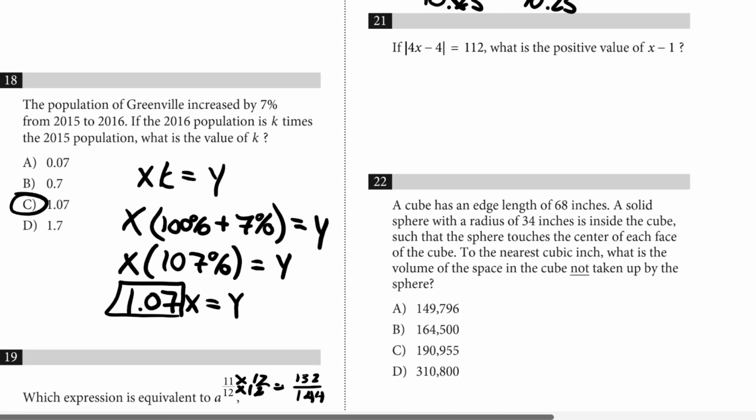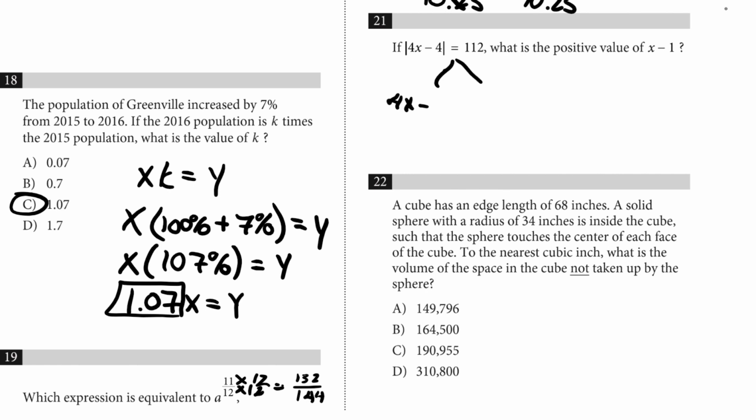If the absolute value of 4x minus 4 equals 112, what is the positive value of x minus 1? Whenever we have an absolute value equation, we split it up into two separate equations.